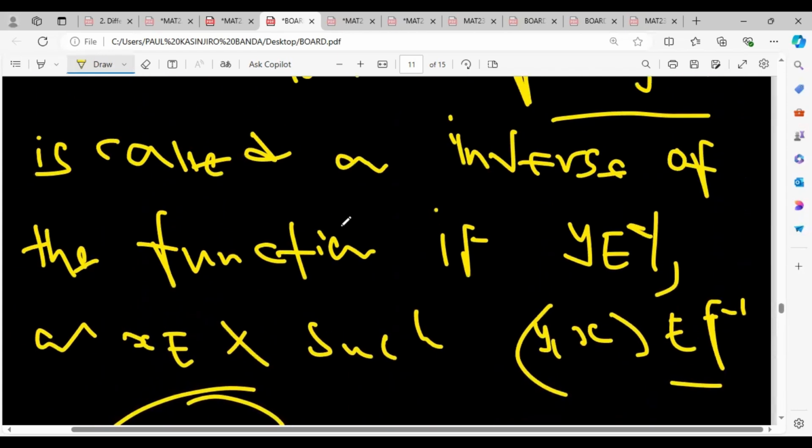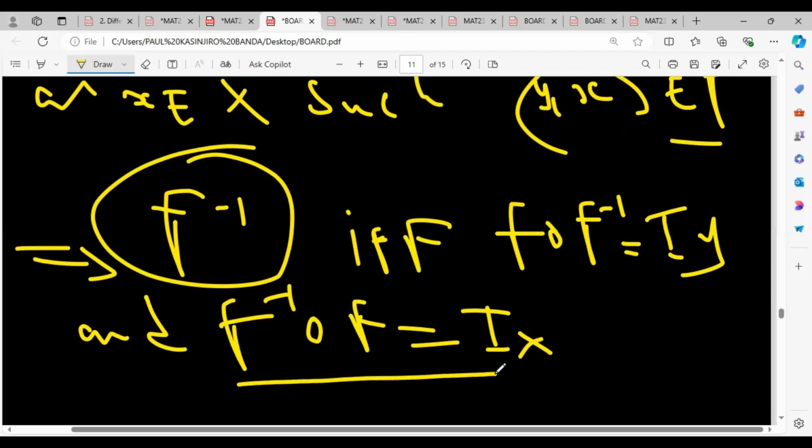So you can use this definition or that definition. They are both correct.